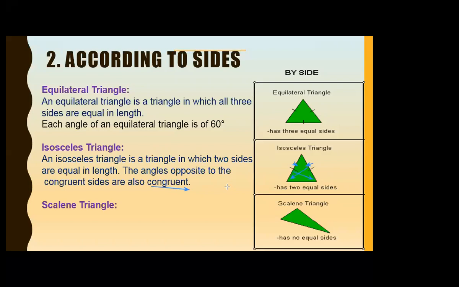Not all angles are congruent; all the angles are congruent only in an equilateral triangle. Two angles are congruent in an isosceles triangle, the angles opposite to the congruent sides.